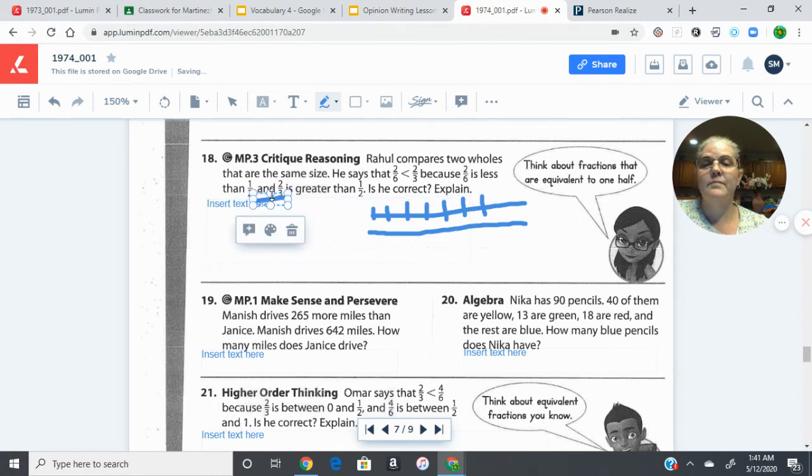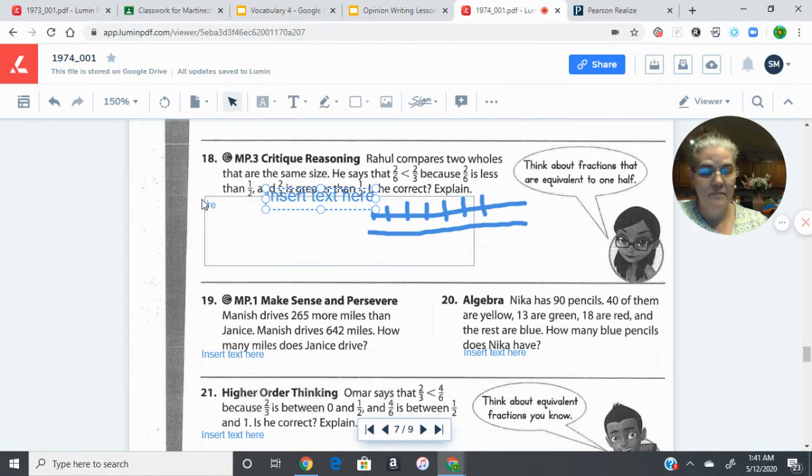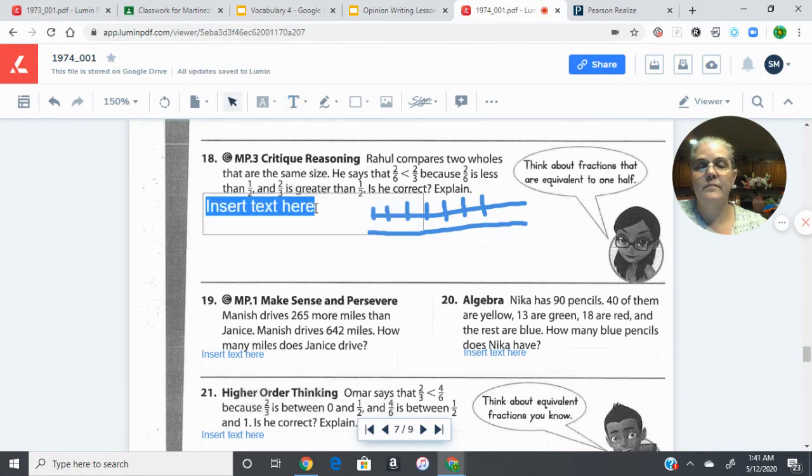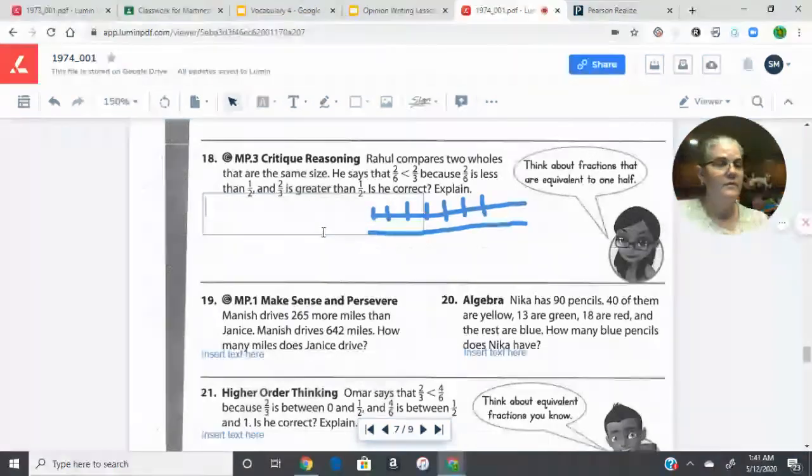Let's see here. We've got some typo going on here. Let's get back here. Okay. Draw a little text box here. Okay.